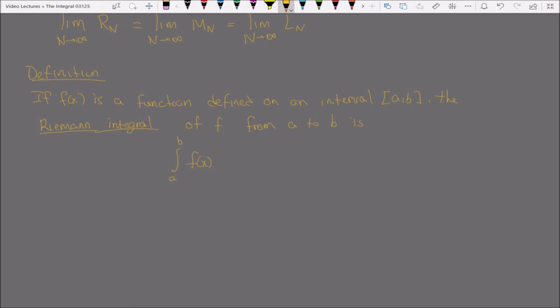represented this way. And this is read integral from a to b of f of x dx, and it is the limit as n goes to infinity of the summation i equals 1 to n f of xi star delta x, if this limit exists.